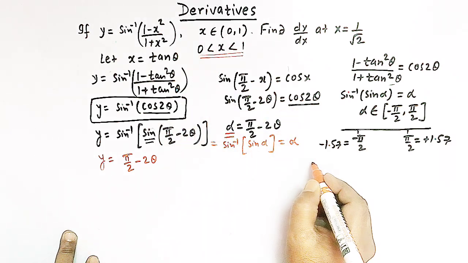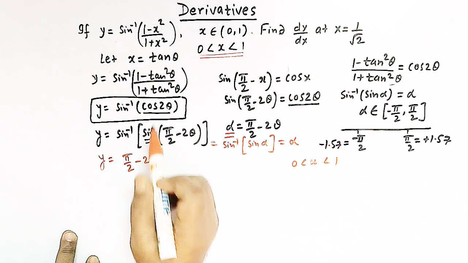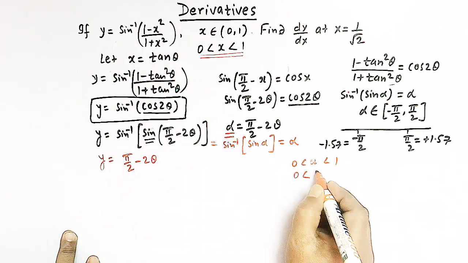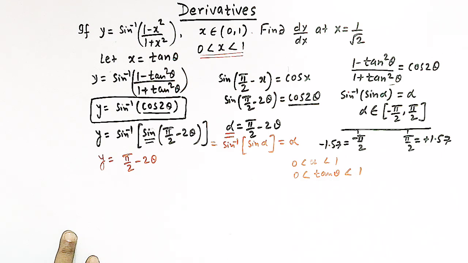We are given that x is greater than 0 but less than 1. Now x is tan theta, so we can write tan theta is between 0 and 1.